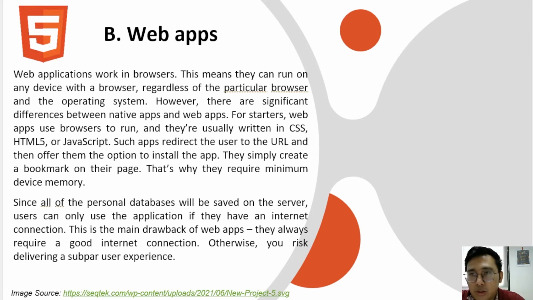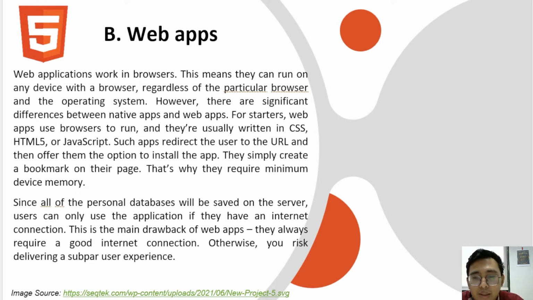However, web apps have differences from the earlier native apps and the other one, which is hybrid apps. For starters, web apps use a browser to run, and they are usually using the triangle of web code, which is CSS, HTML5, and JavaScript.